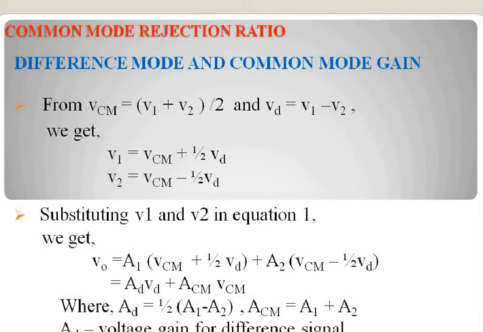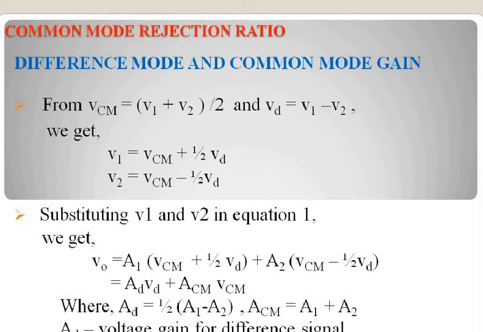AD is the voltage gain of the difference signal, ACM is the voltage gain of the common mode signal. In the beginning for an ideal case we saw that V0 equals AD into V1 minus V2, that is AD into VD. Now, on considering this common mode signal, the new expression for output voltage is ADVD plus ACM VCM.